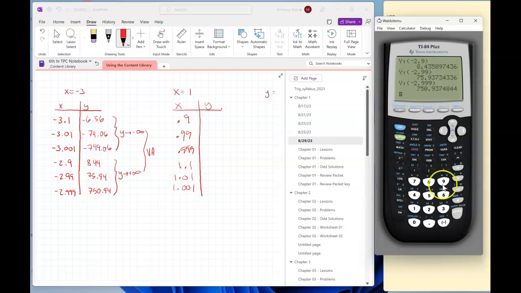Okay. Now it's calculator time. So again, I'm just going to do second and enter and just edit what I have here.